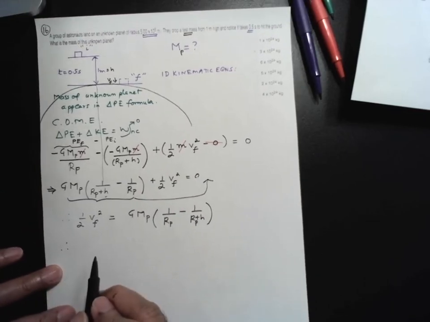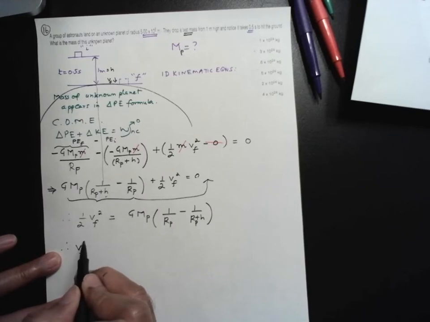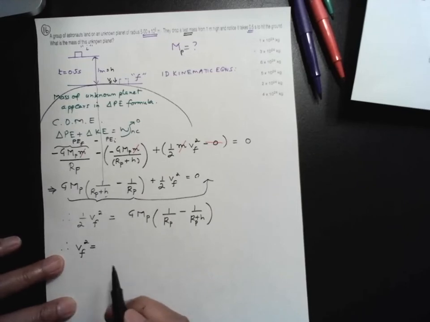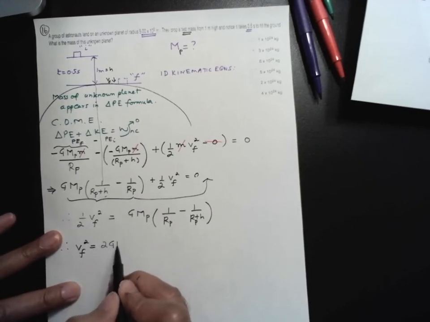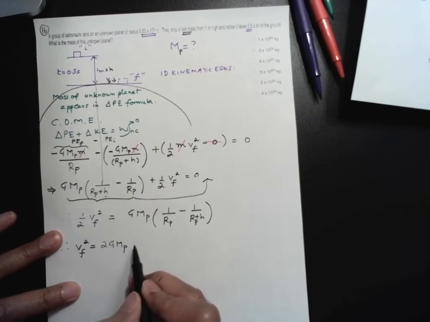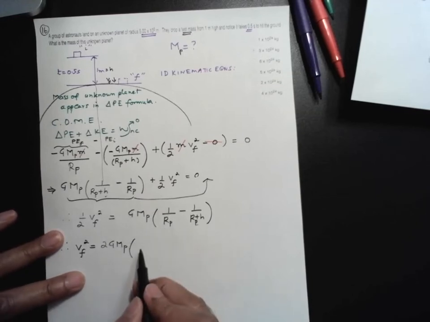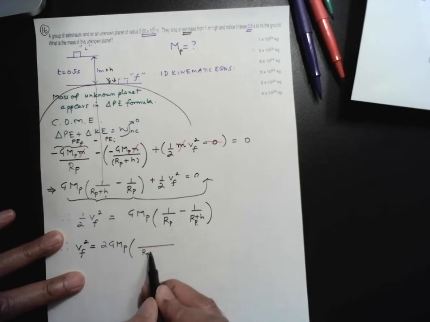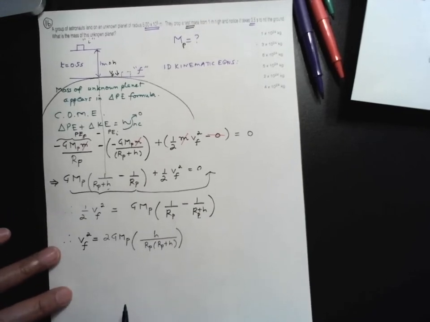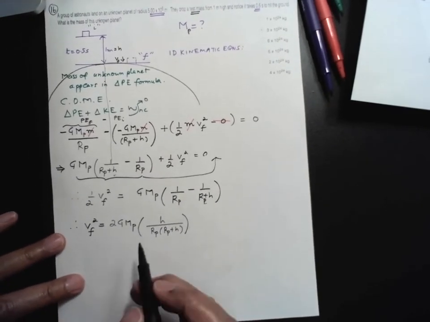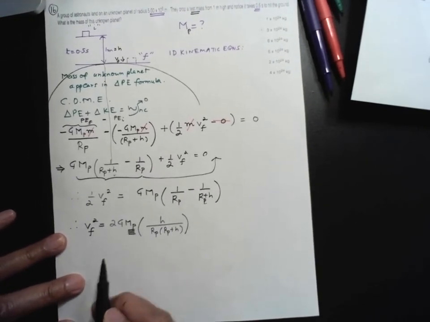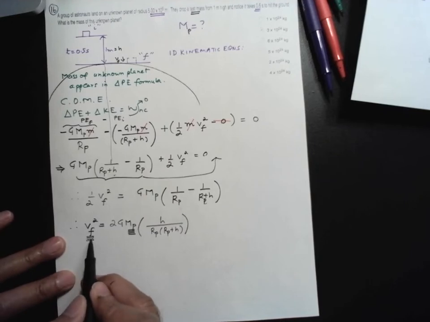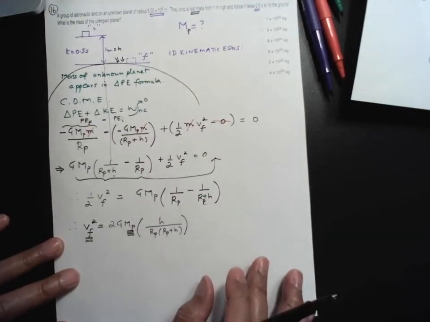So therefore the v final squared is equal to 2 times this. And if I want to simplify this, this minus that just gives you an h. And so the point here being that I can find the mass of the planet if I know the velocity just before it hits the ground.